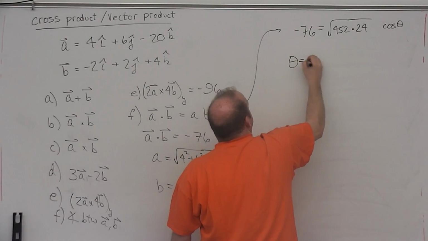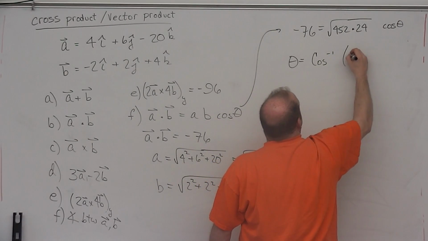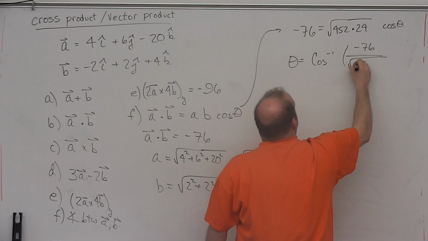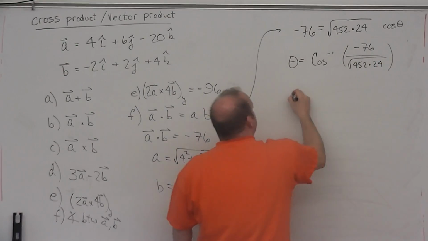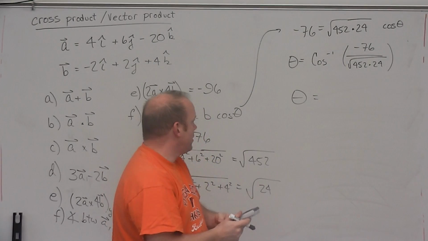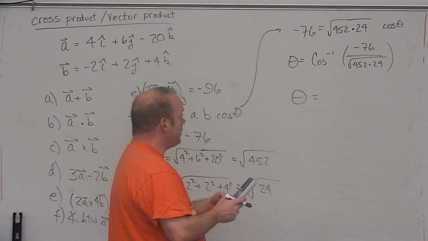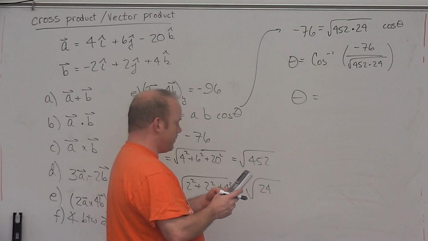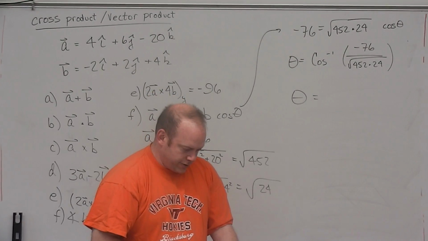So theta is equal to the inverse cosine of negative 76 all over the square root of 452 times 24. So theta is equal to 137 degrees.